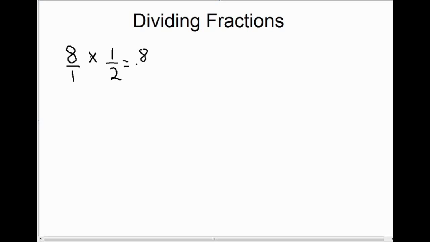So 8 times 1 is 8, 1 times 2 is 2, and then we have an improper fraction there, so we have to change that to a number, usually a mixed number. In this case, though, 8 divided by 2 is just 4. So when we're finding half of 8, we're timesing it by half, and the answer is 4.